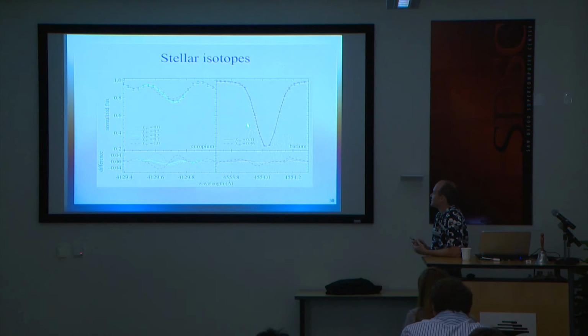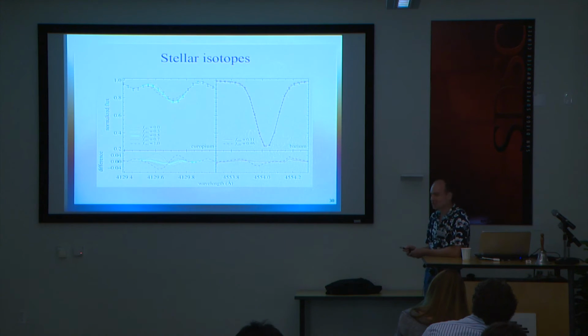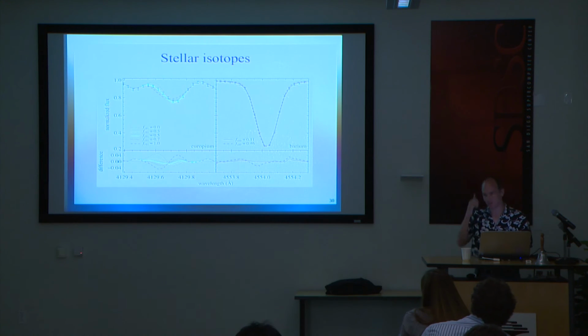This is the difference between the red line and the blue line. It's a very tiny difference, just a few percent. But hey, if Charlie Conroy can measure a few percent in the integrated light spectra of galaxies, surely I can measure a few percent in a high-resolution spectrum of a single star. And this is what I want to do for a bunch of different stars in the Milky Way using exquisitely high-resolution spectroscopy.